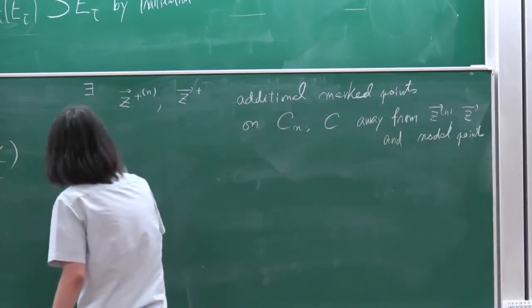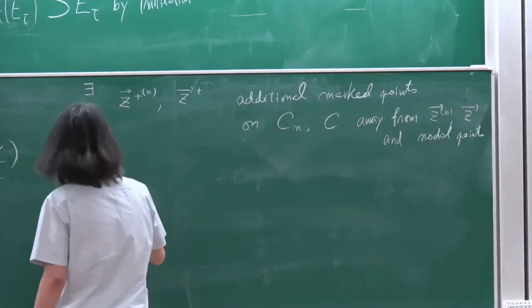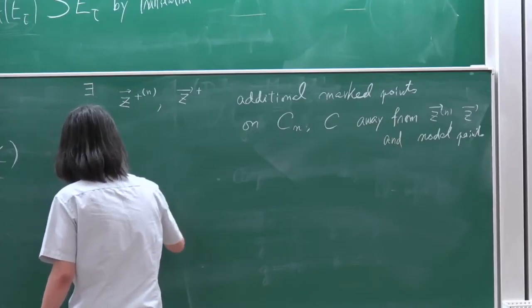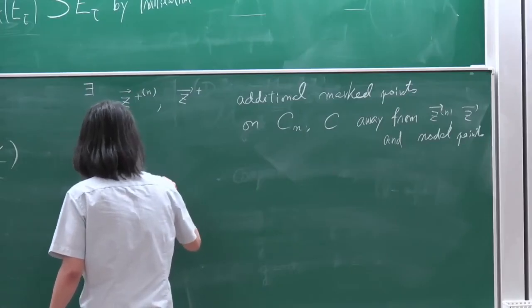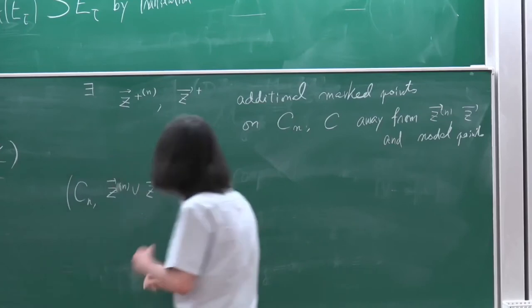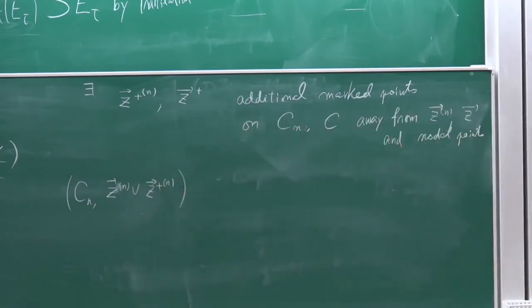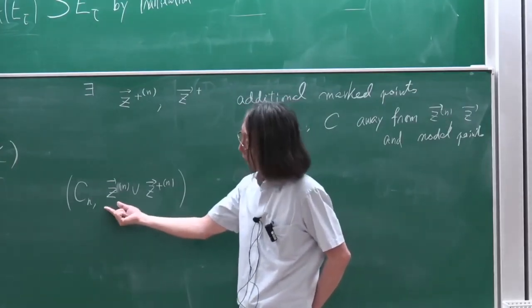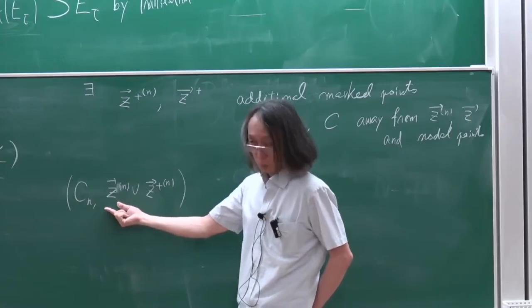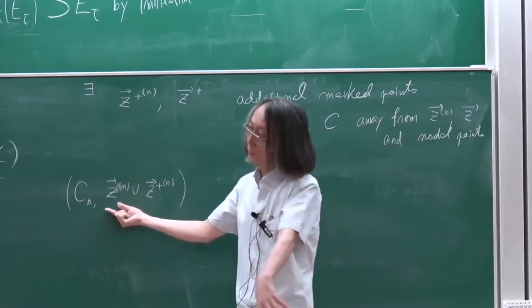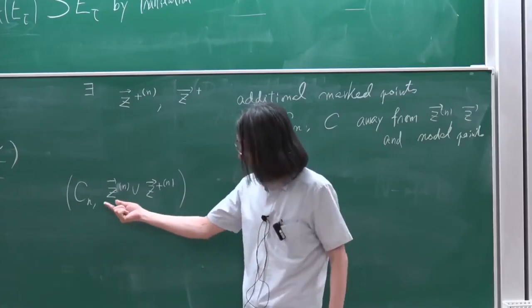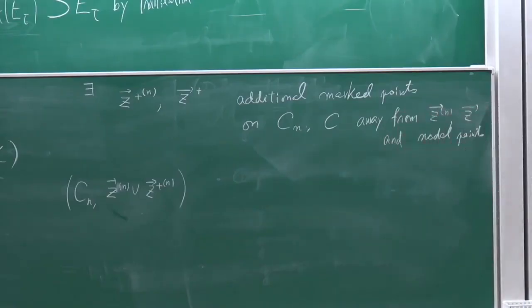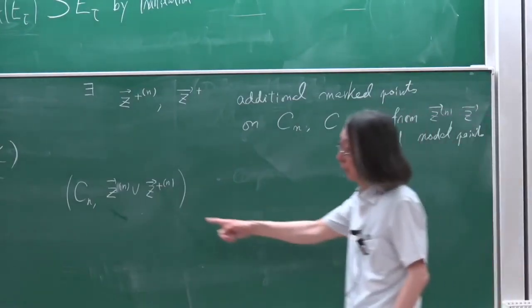And then if you consider Cn, and then Zn union Z plus n, so I add mark points. Originally I have k mark points, and then the domain may not be stable because the map may be non-constant there. So the domain may not be stable. But by adding a certain number of mark points, certainly we can assume the domain is stable. But anyway, this is the first one.